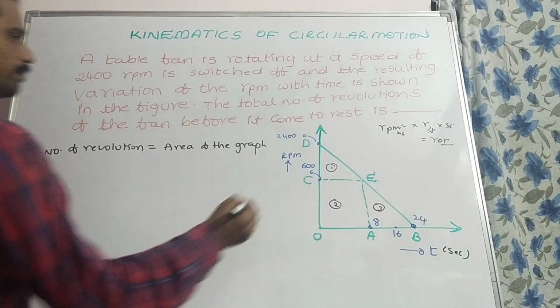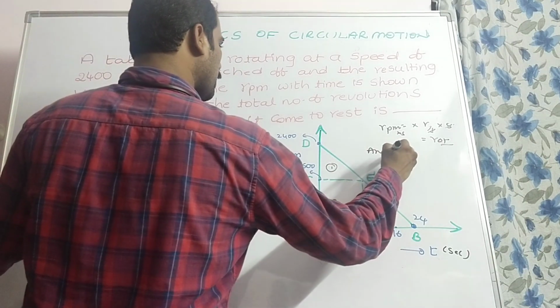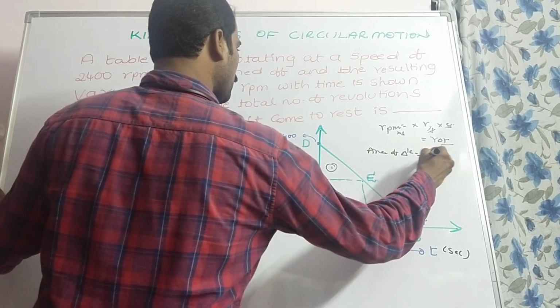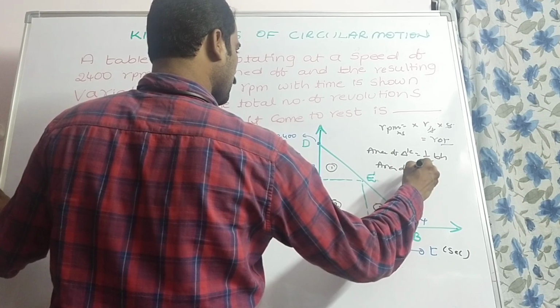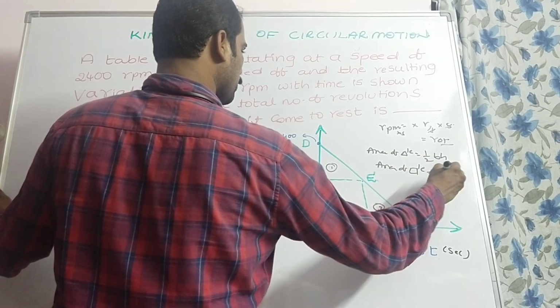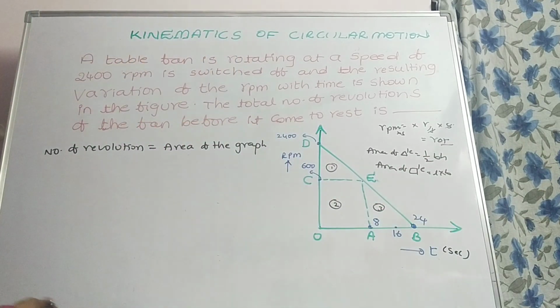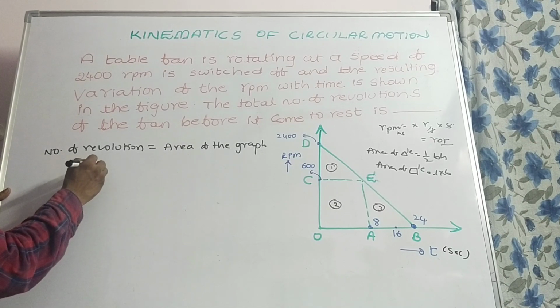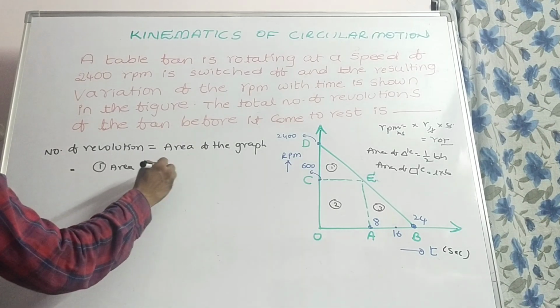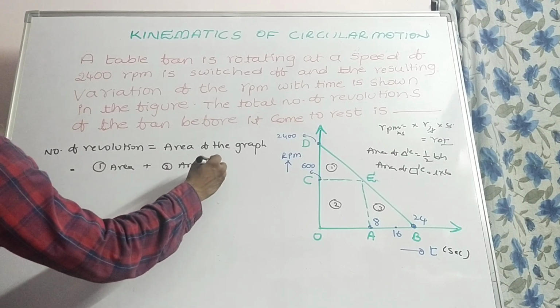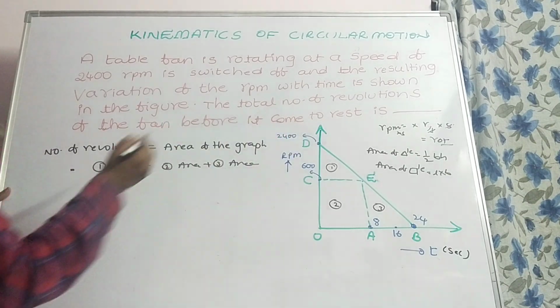Area of triangle is half into base into height. Area of rectangle is length into breadth. Of course, here we have three regions: first region area plus second part area plus third part area.